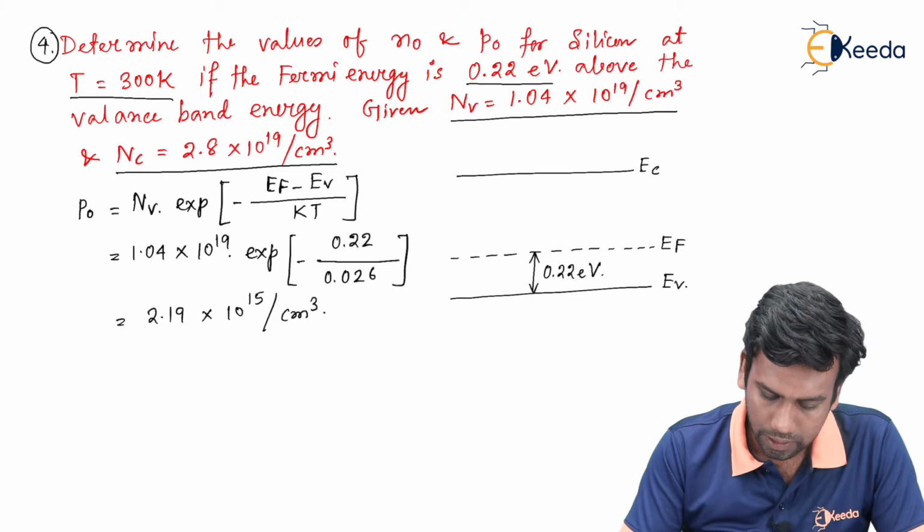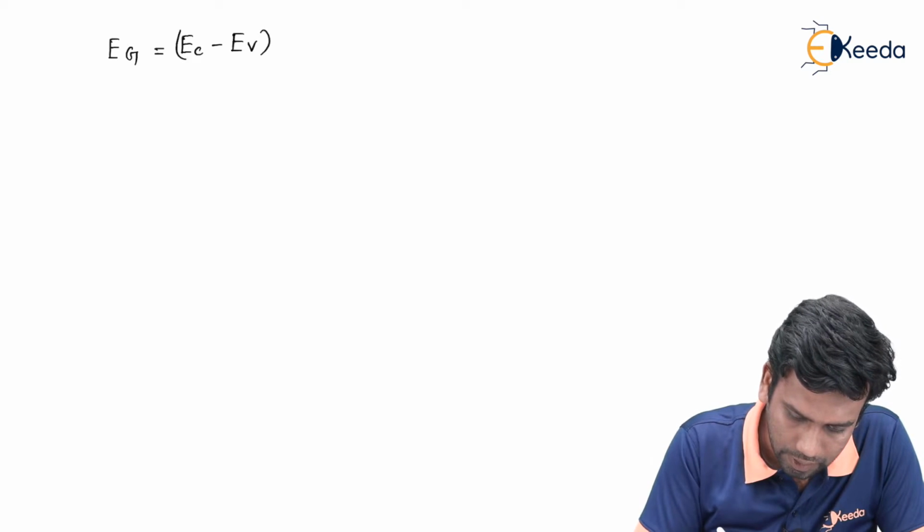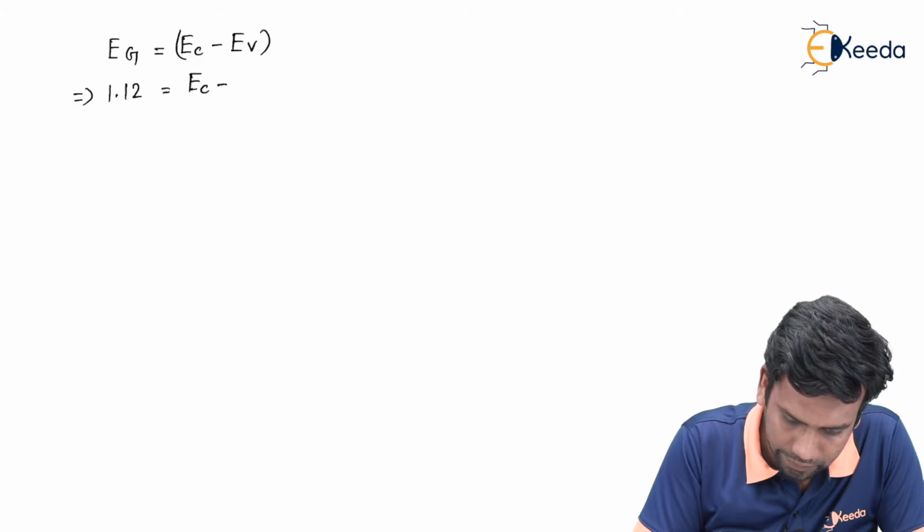Now we can find the Eg. Eg is given by Ec minus Ev, and this Eg is also given by 1.12 electron volt.